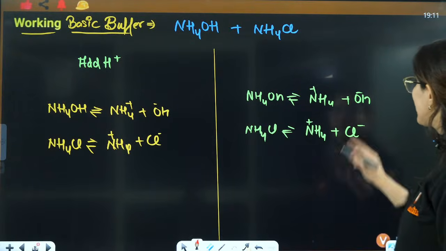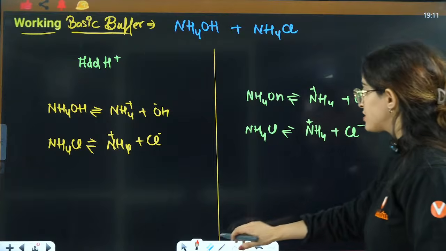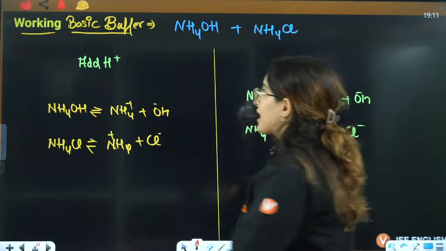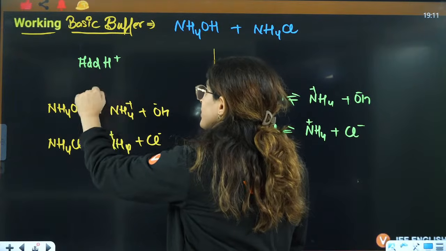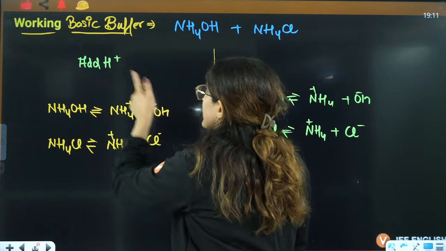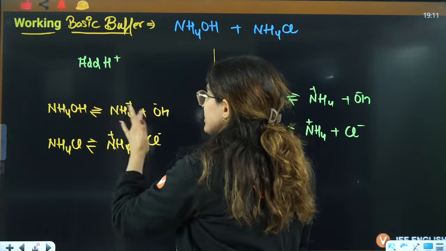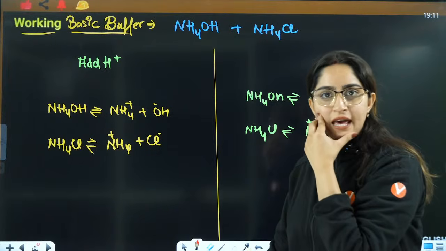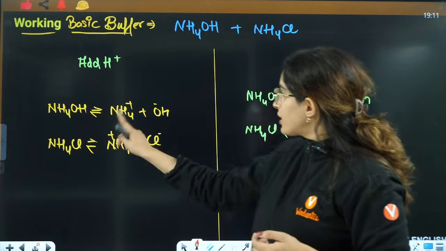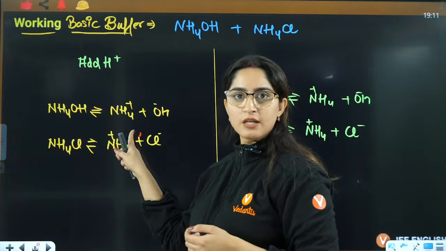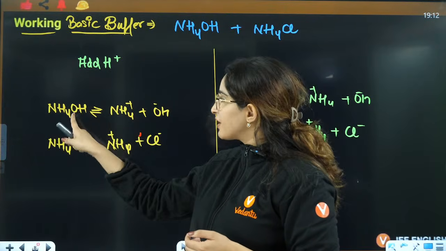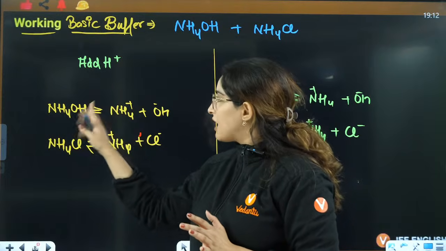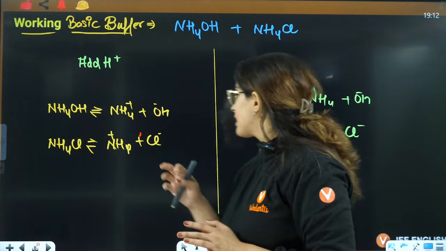One more thing you must understand: this OH negative is already there in the solution, though it's a weak base, so this is not a very strong dissociation. If you have 100 molecules, maybe 30-40% are getting dissociated, others are here only.